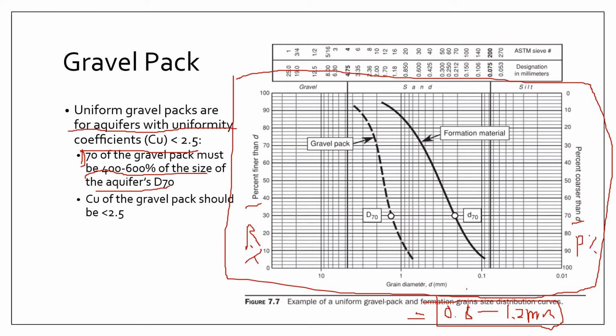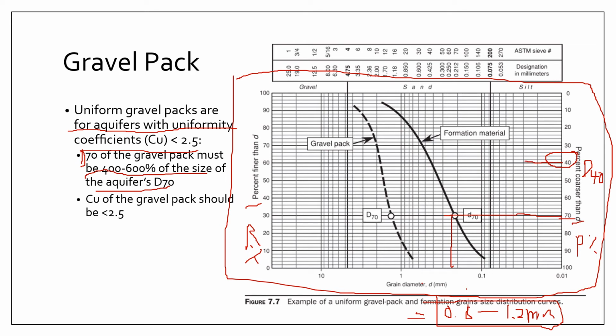If you need D70, all you have to do is look for 70%, intersect that line with your sample results, and then project that line downwards to your size axis.